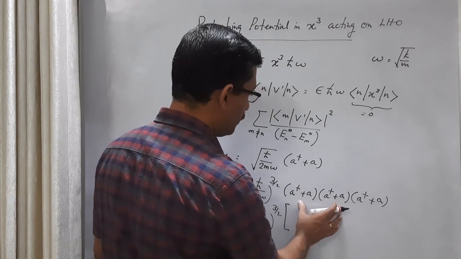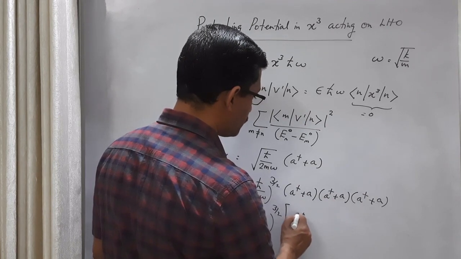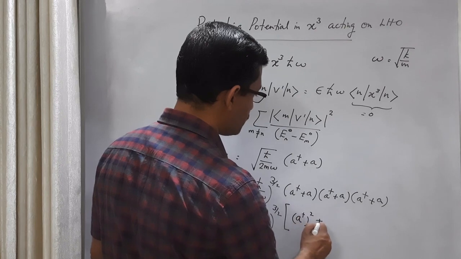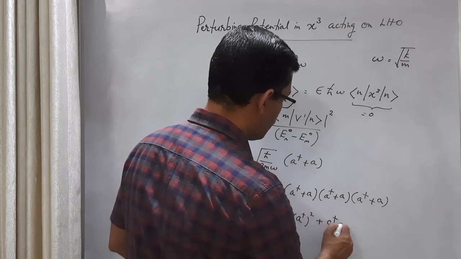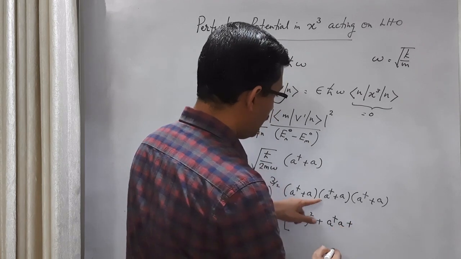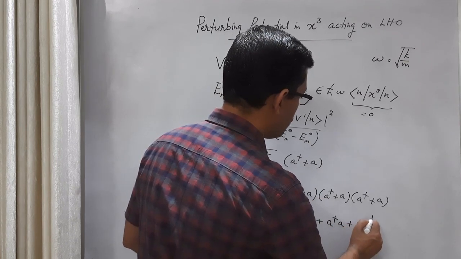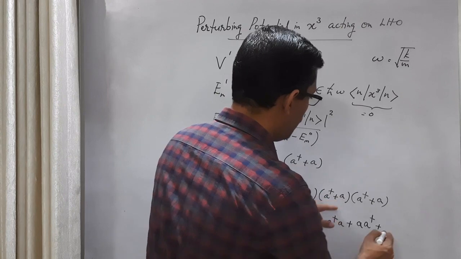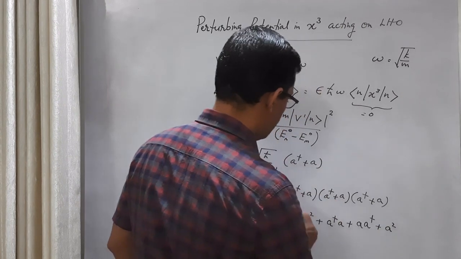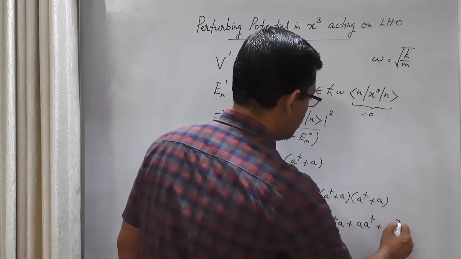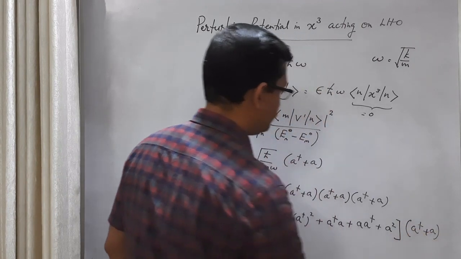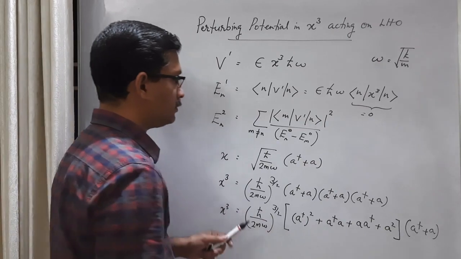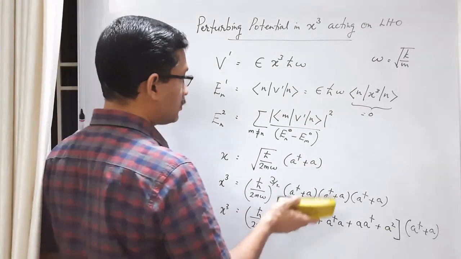So we have a dagger square plus a dagger a plus a a dagger plus a square. Okay, this into a dagger plus a. Let us write it out completely.